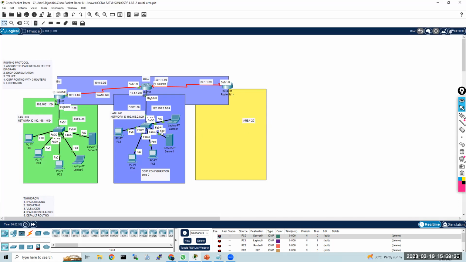The blue color which we can see here, these belong to your area 0 OSPF. Okay, so let's connect some switch in this network, some end user devices. I will say laptop, one server. Let me connect auto.